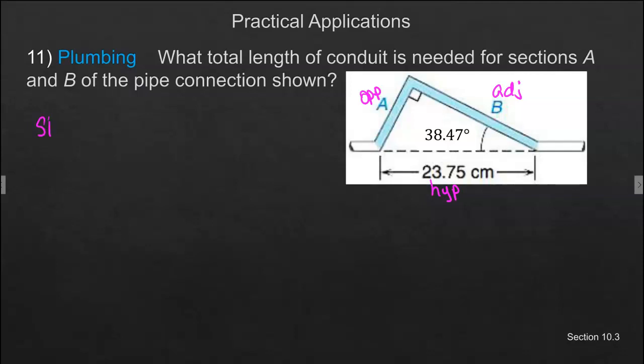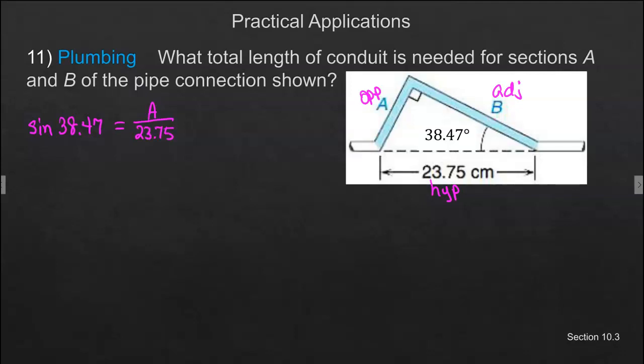Right, the sine of 38.47 is my side opposite, which is side A, over my hypotenuse 23.75.